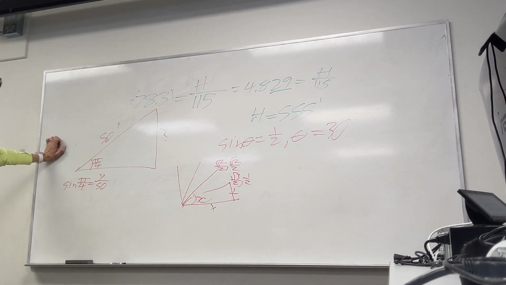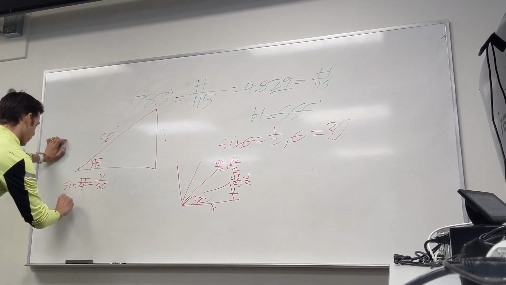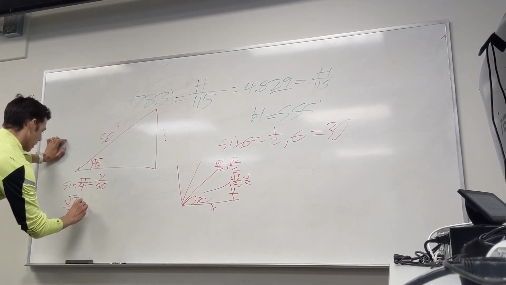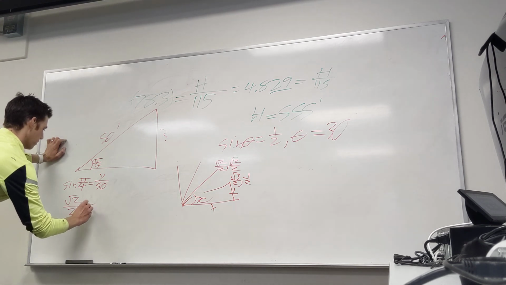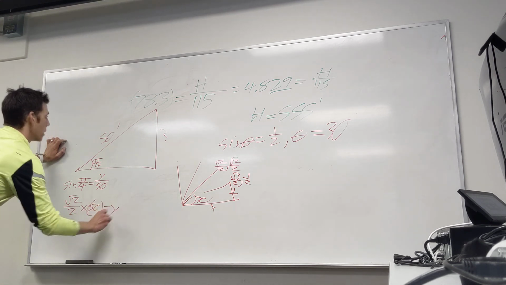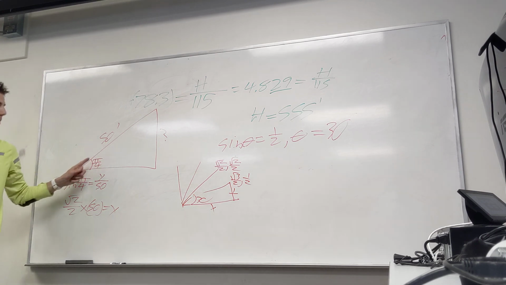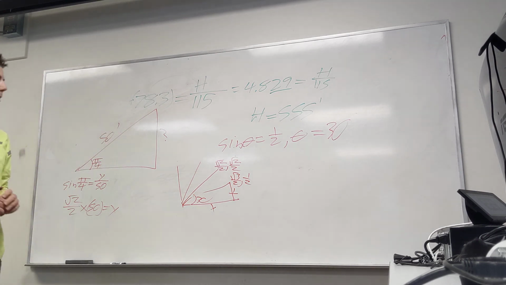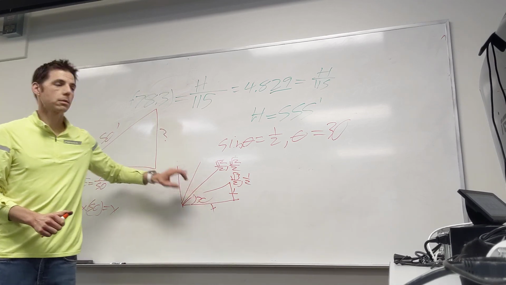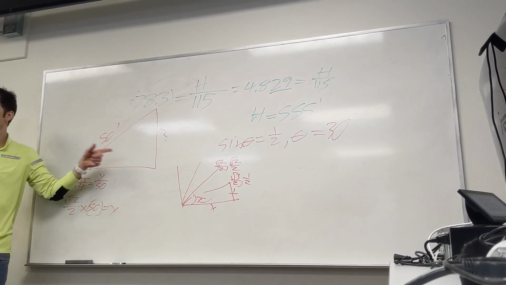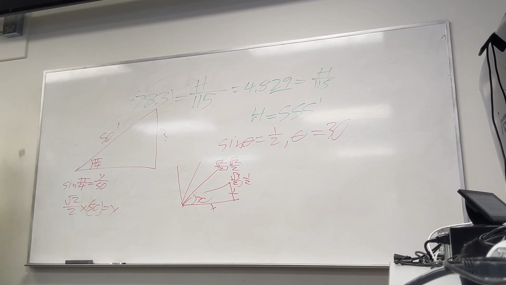And the sine of pi over 4 is √2 over 2. So √2 over 2 times 50 is y. Now what's the significance of 50? 50 is whatever that hypotenuse is. So you just take the sine or cosine of the angle times the hypotenuse, and you're going to get the legs.